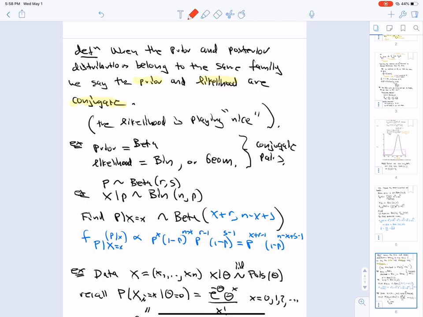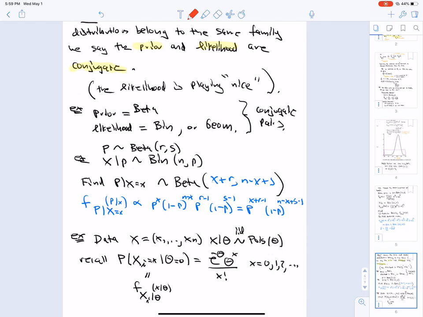Now, when the prior and the posterior distribution belong to the same family, we say that the prior and the likelihood are conjugate. So the likelihood is playing nice in the sense that it allows the posterior to have the same form as the prior, or the same distribution.